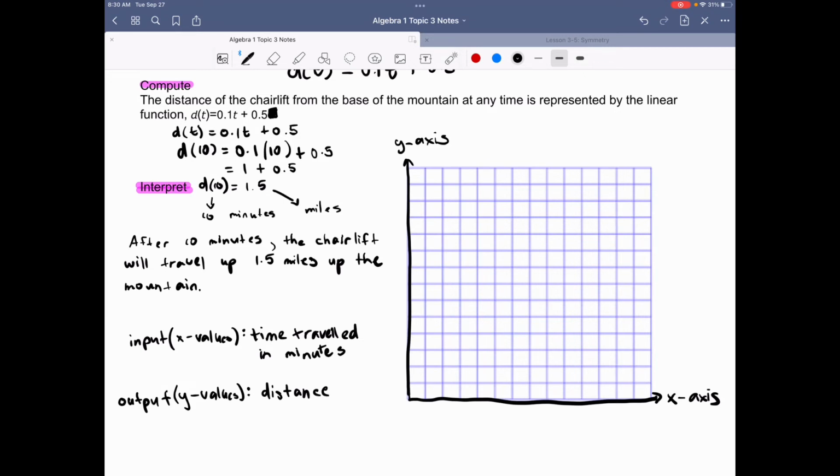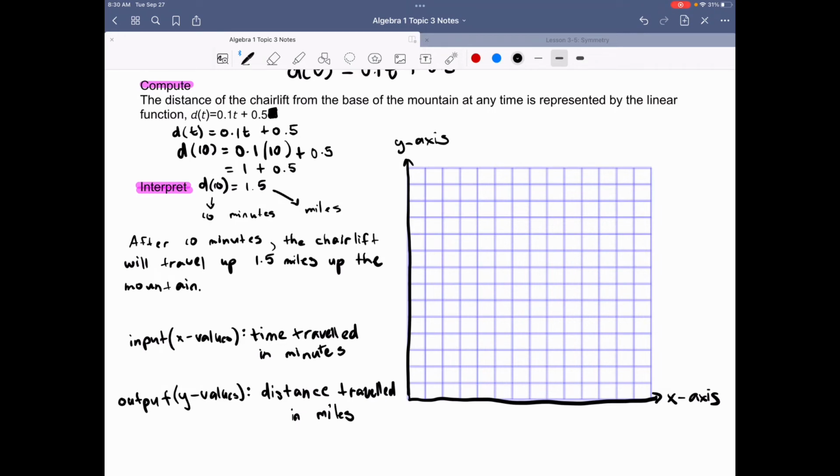In the computing part, we had input of 10 minutes, and after computing that, we ended up with the 1.5 miles. So distance traveled in miles.